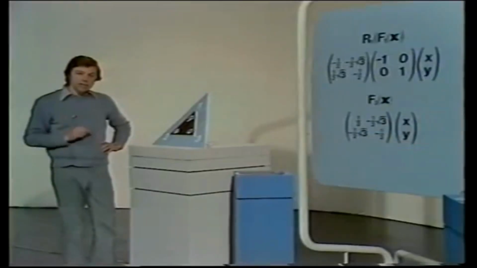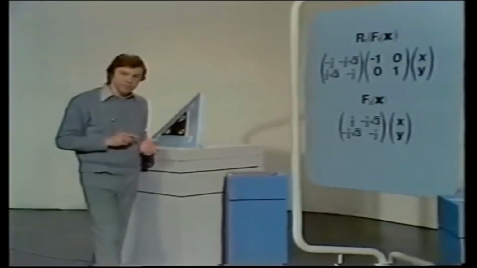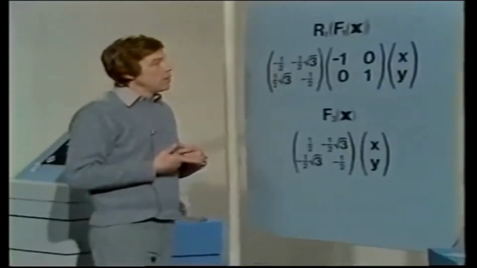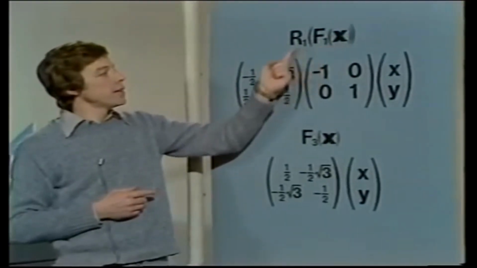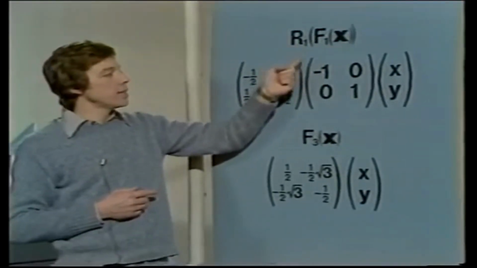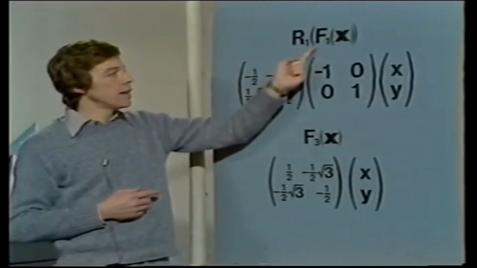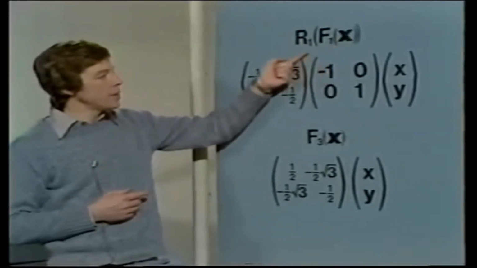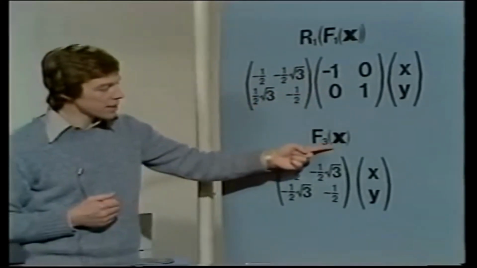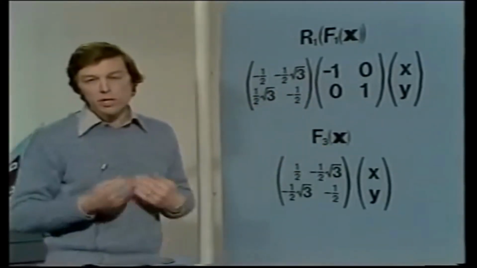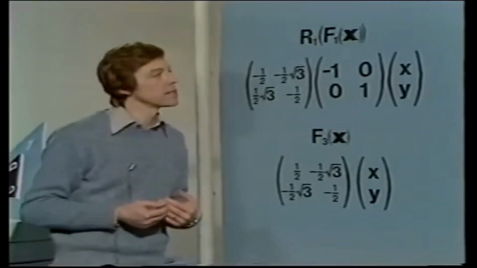Let's see what that looks like in symbols. Well, if we take any point x in the triangle and use F1 and then R1, we end up with this point, R1 of F1x. And we've just seen that that is the same as F3x. And what we've got to do is to interpret that in terms of matrices.